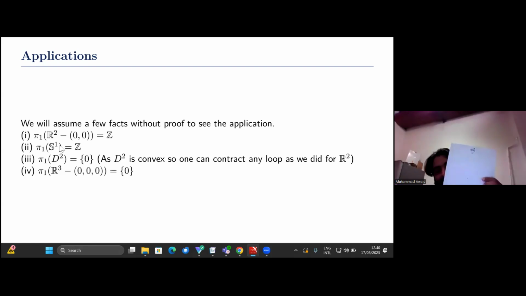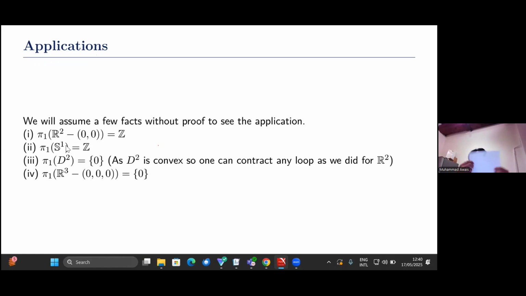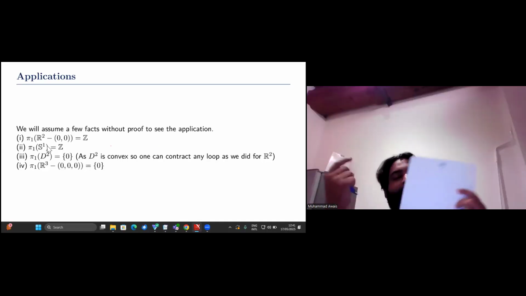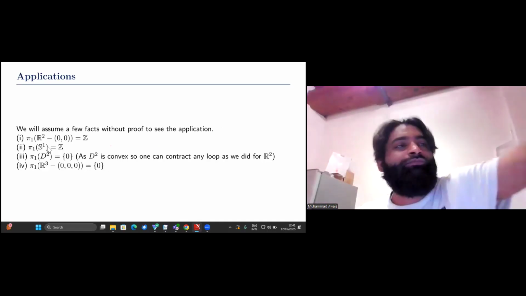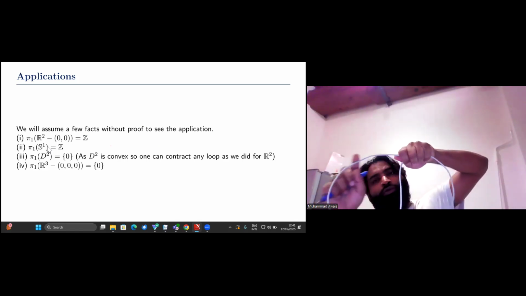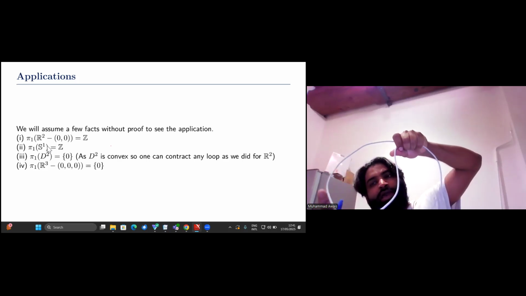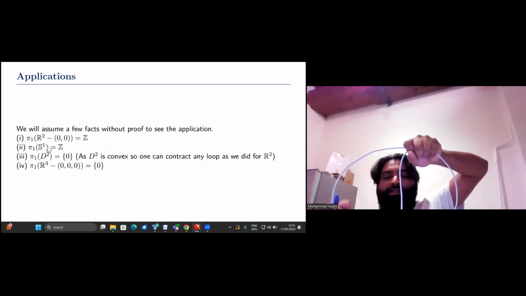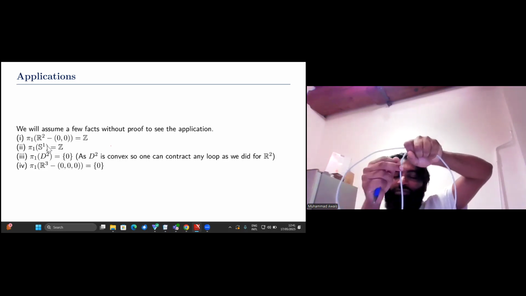If you remember, when we proved that the fundamental group of a plane minus 1 point is Z, you can make the gap bigger and bigger. When you have a circle, and a loop starting from here and coming to this end point, you can't shrink it, because you would have to use this gap, which is not possible.